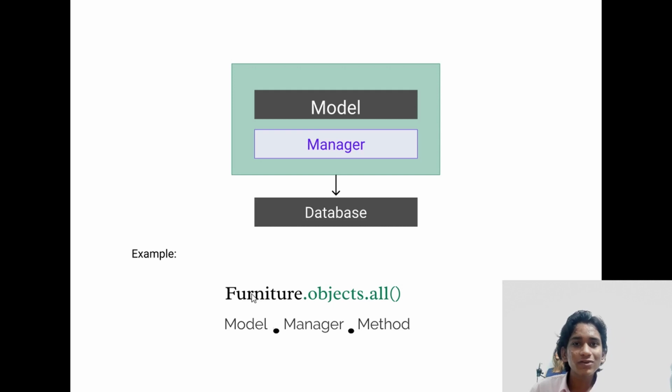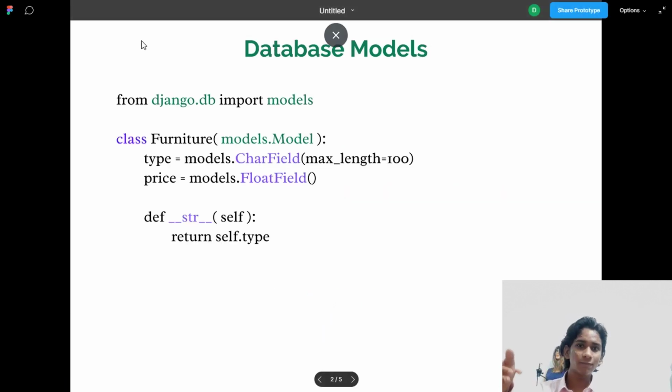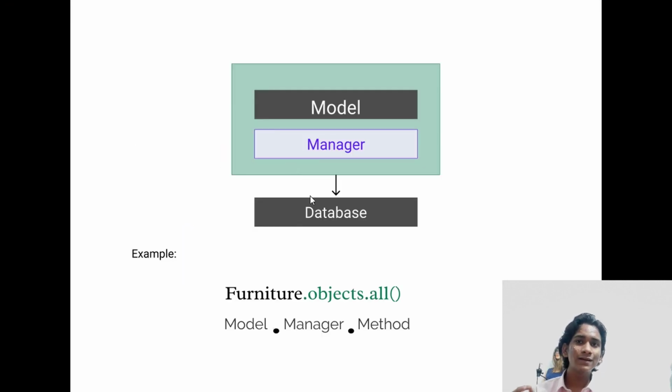Furniture is the model, whereas objects is the manager, and all is the method that we are calling from the manager. Whenever you create a model like Furniture or any model, Django will create a default manager named objects for that model.